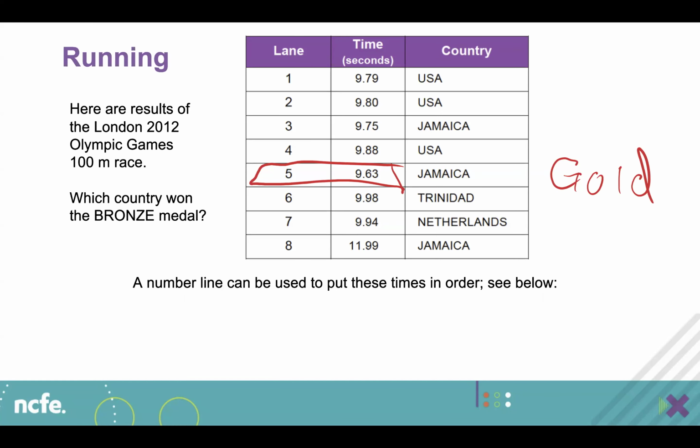The second least time from scanning this is Jamaica again. And the third least time from scanning here. Sorry, what's happened here?